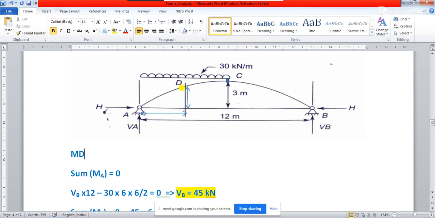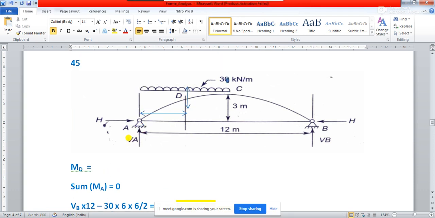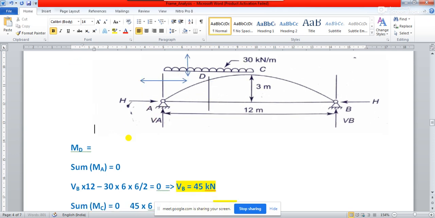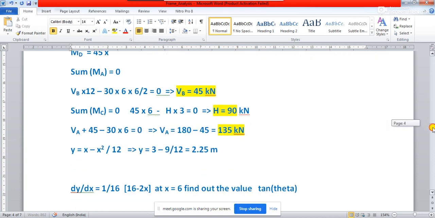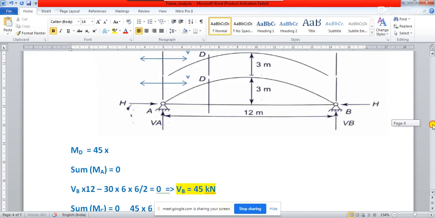The value of moment MD is going to be equal to, this VA is going to create moment about D. VA is not 45, right? VA is how much? VA is 135.